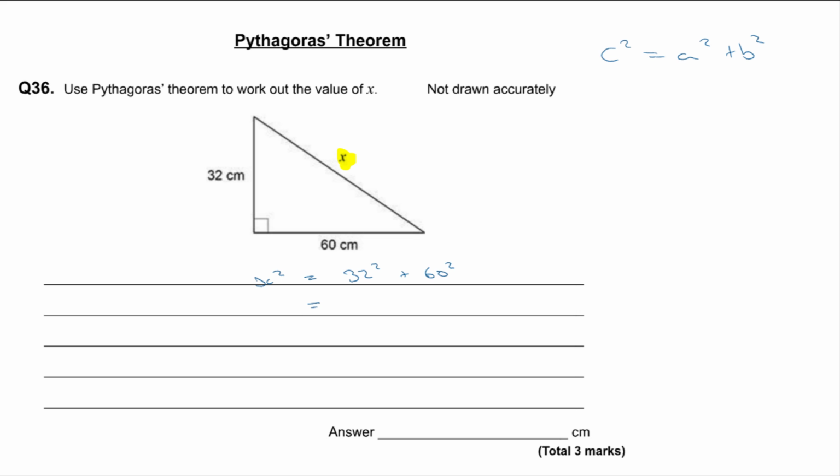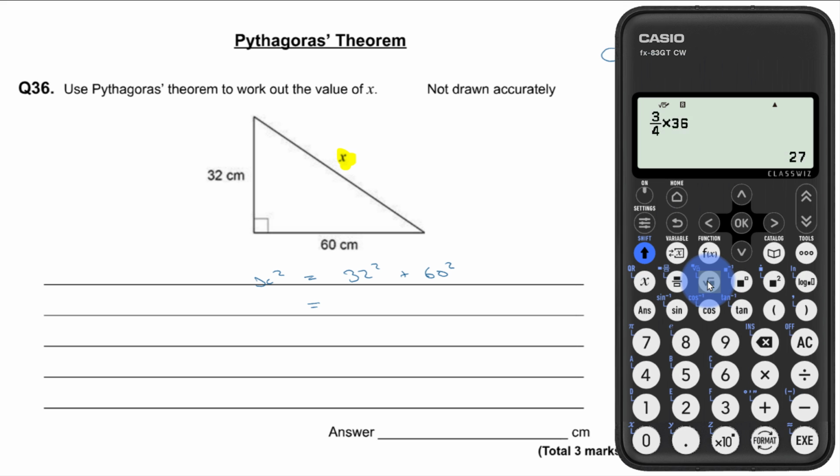Now you can just type that all into your calculator in one long go if you want to. Press the square root key first, and then under the square root type 32 squared plus 60 squared, like that.